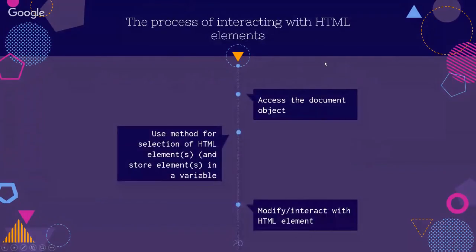And here's the strategy we will always be using when interacting with the DOM. First and foremost, we will access the document object. We will always do that, no matter what. Next, we will choose the selection method that is appropriate for the selection we want to make. And here I have added a bit of myself, which by experience I think is a good approach. I think we should almost always store the selected elements in a variable for future reference.